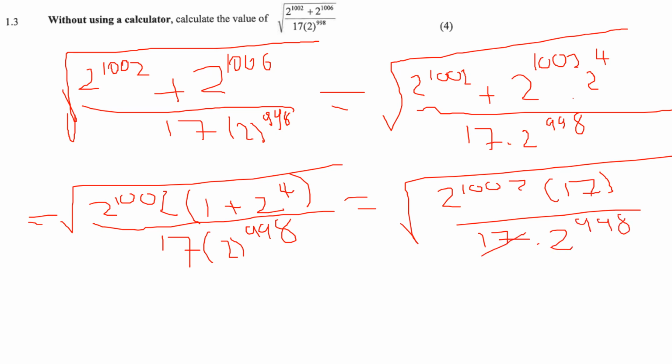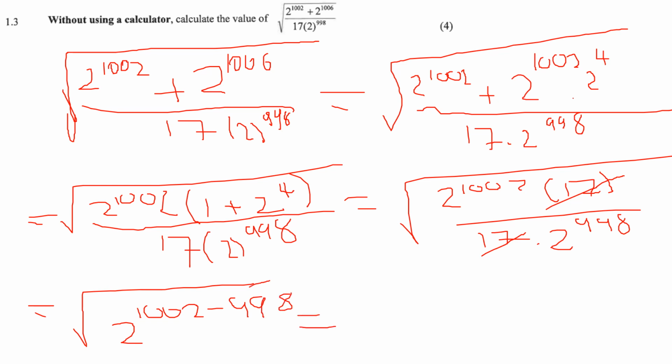So we know now this 17 can cancel this 17 out, and therefore remember, when you divide the same base, you subtract the exponent. So basically we're going to have what? We're going to have a square root of 2 raised to the power of 1002 subtract 998.